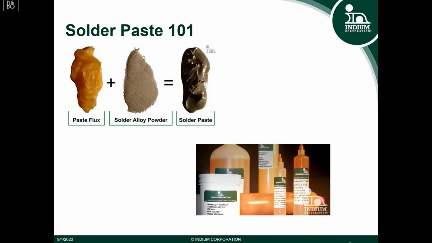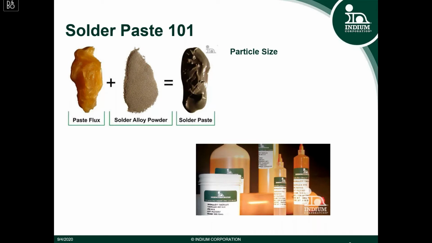I joke around with people that it's gray peanut butter because essentially flux has a similar consistency to honey. And then when you add the alloy powder and it changes the color, you get gray peanut butter. Besides the flux and the powder, there are three other contributing factors to the solder paste.